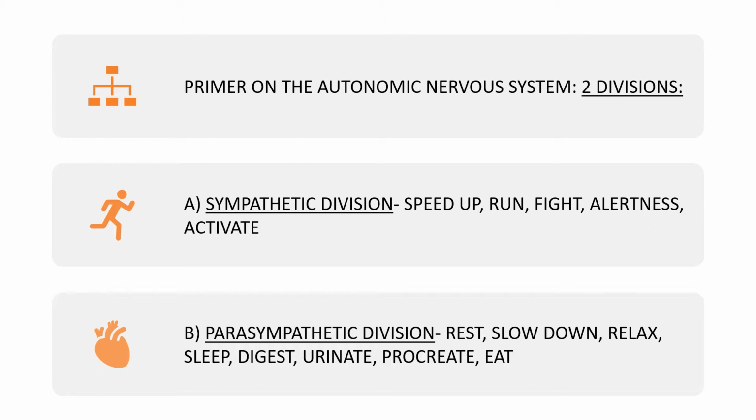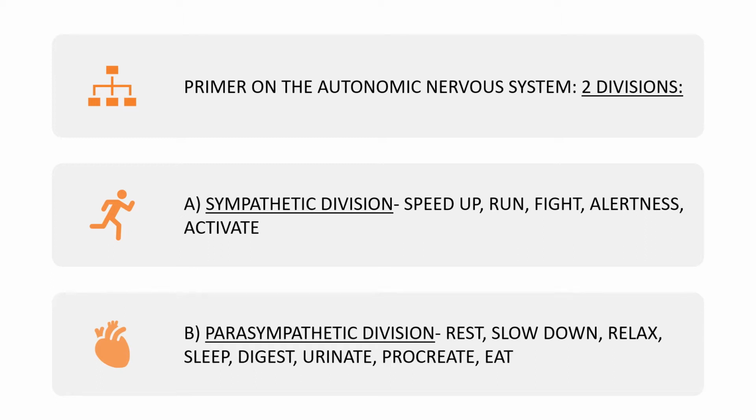So the sympathetic division you can think of as an activating system. You suddenly need to be vigilant. You're being activated by this system that's turning on. Your heart rate is speeding up. Your blood pressure is going up.